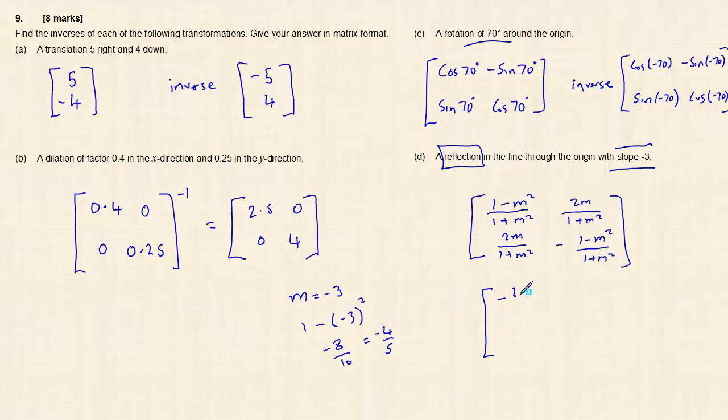So this one's going to be -4/5, and then this one will end up being -6 over 10, so -3/5. This one's just the negative of that one, so we can write that down as 4/5 now, and this one's the same as that one. And of course, that's the original matrix, and also it's the inverse because reflections are self-inverses.